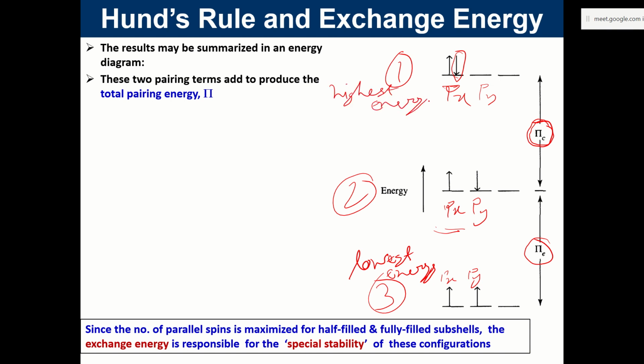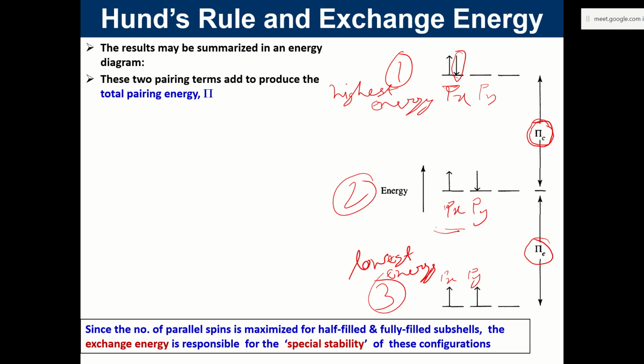So three possibilities we have considered, how when we have a p2 configuration the electrons can be arranged, and we found the one with the lowest energy is when the electrons are having parallel spins, and greater is the number of parallel spins, greater is the exchange energy. I am talking about the magnitude of exchange energy.